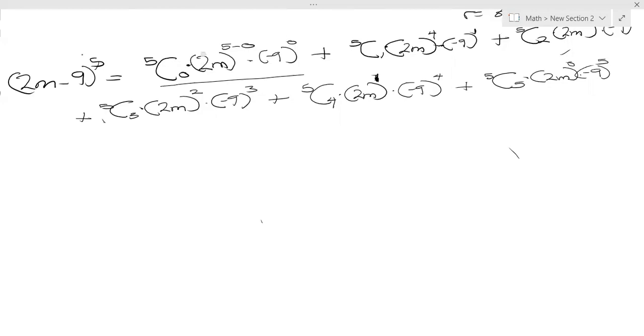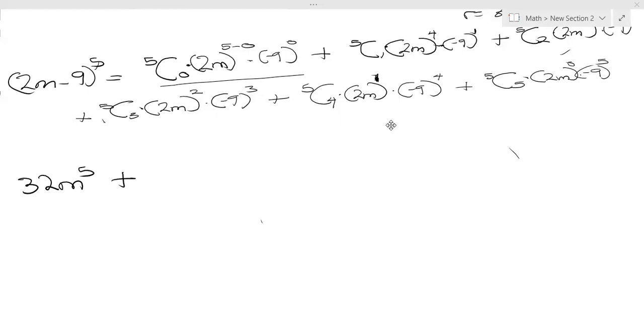Now 2m raised to the power 5: 2 raised to the power 5 is 32. So we start with 32 m5, and 5c0 is 1.